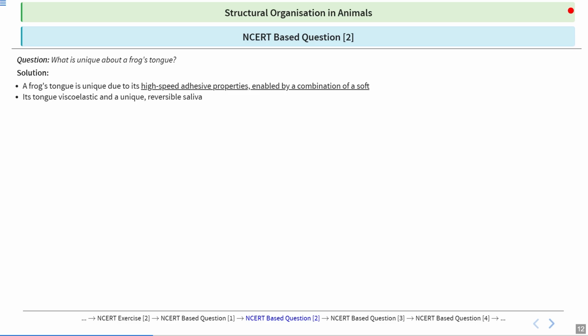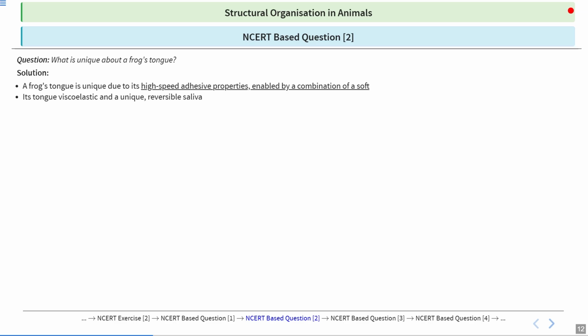So whenever they get in contact with insects or any flies, they easily stick to it, right? First point, its tongue is viscoelastic and has a unique reversible saliva.